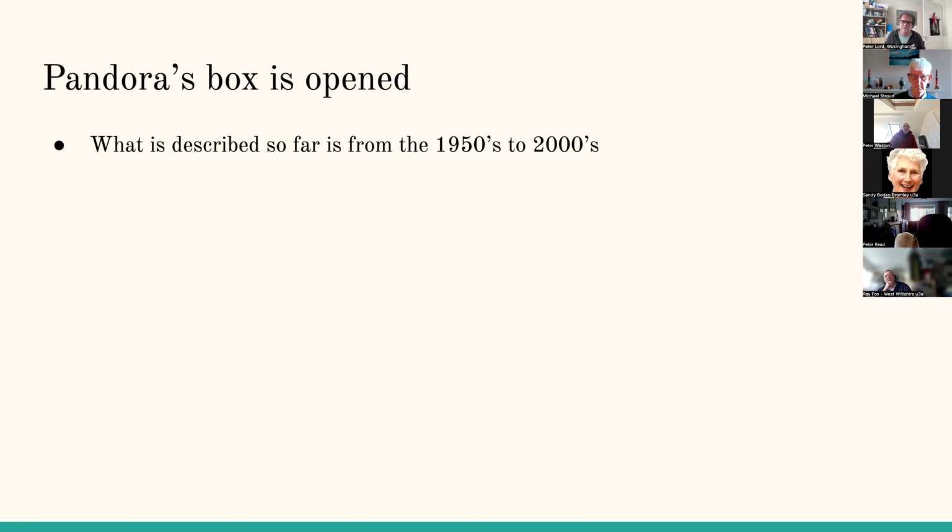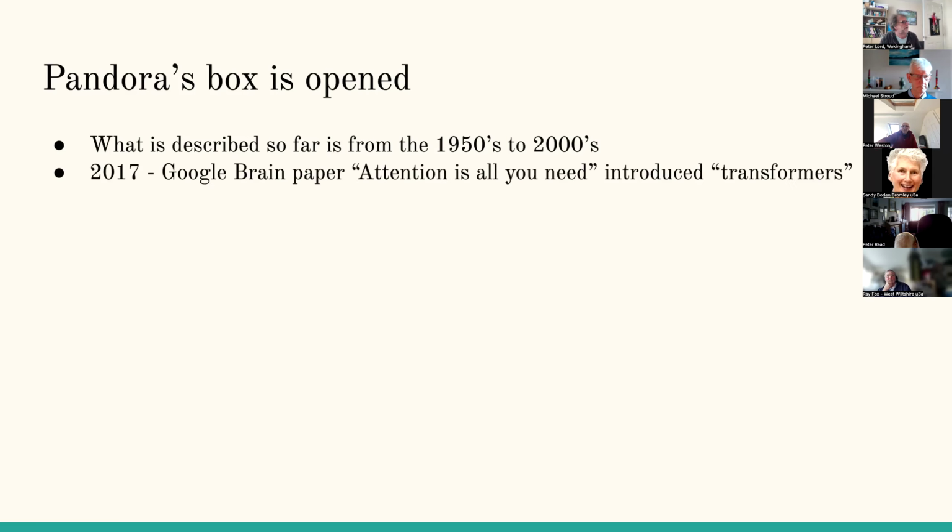But the Pandora's box was opened in 2017. In 2017, Google Brain, which no longer exists now, but was a group inside Google responsible for Google Translate. So, of course, they're working on trying to build systems that translate any language into any other language. And prior to this paper they produced, it was a real hard-coded problem they were solving.